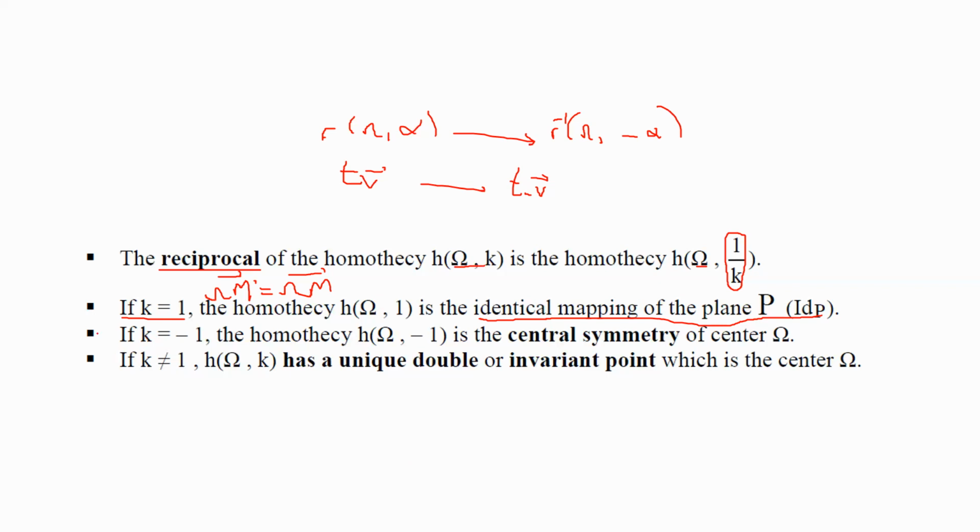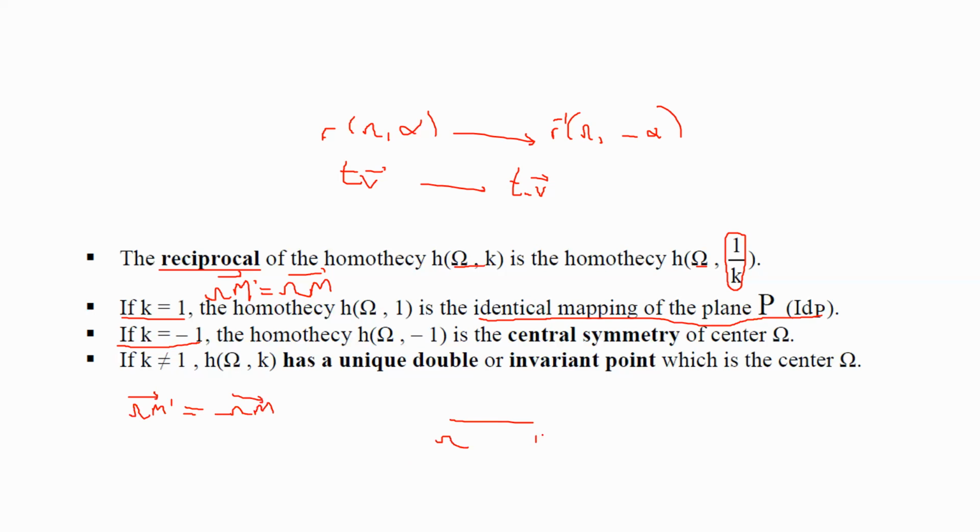If k equals minus 1, what does it mean? Omega m prime equals minus omega m.